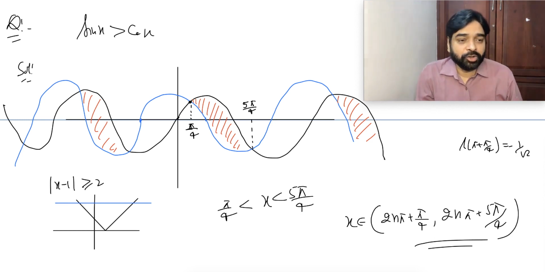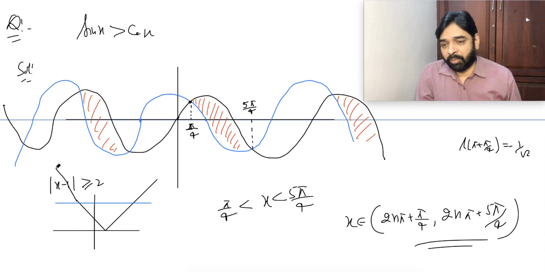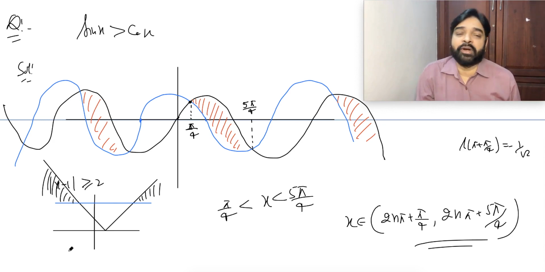The black color should be above the blue color, because mod of this means I will select both the portions. You will say, sir, only one portion we should select. Why are you selecting both portions? Because this is not periodic. If it's not periodic, then you cannot leave this portion. You have to write this portion as well as this portion. So the answer will be this portion and this portion.